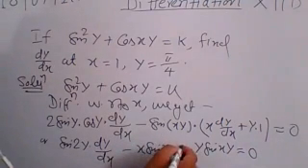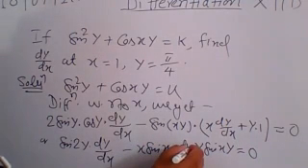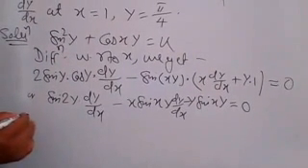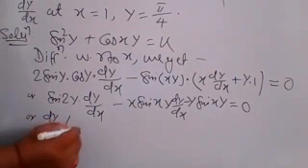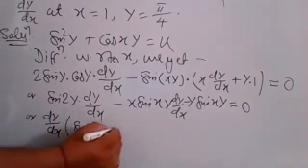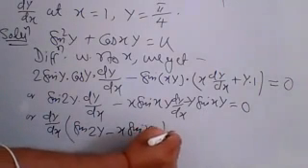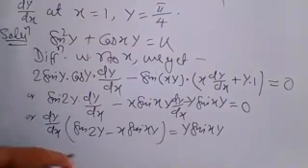Now taking dy by dx common, write sine 2y minus x sine xy, and that is equal to y sine xy.